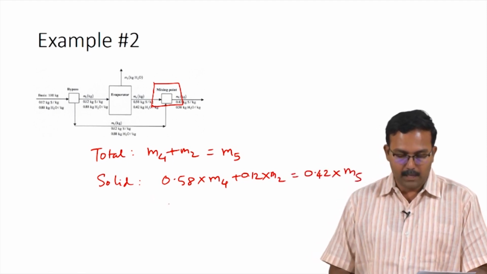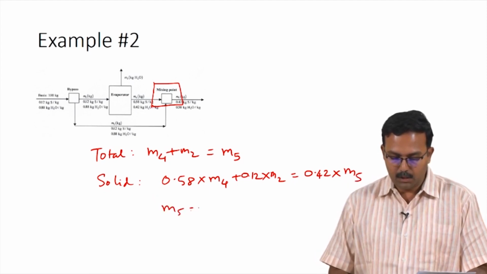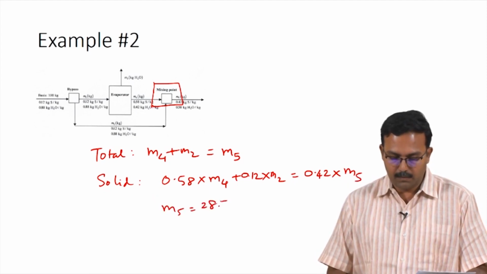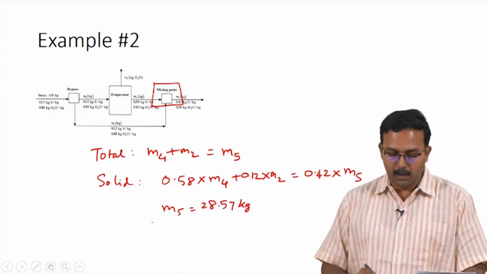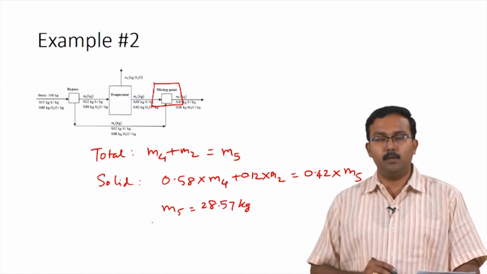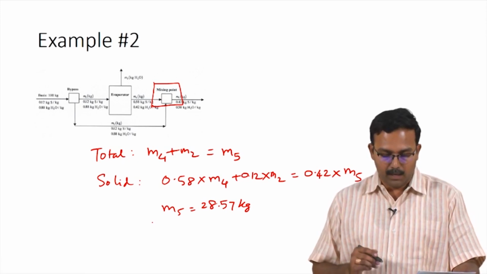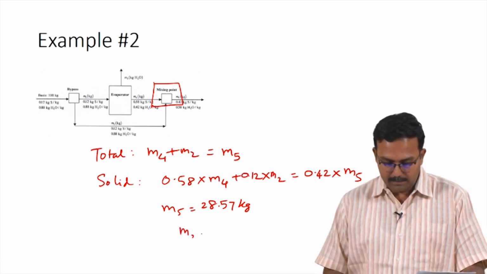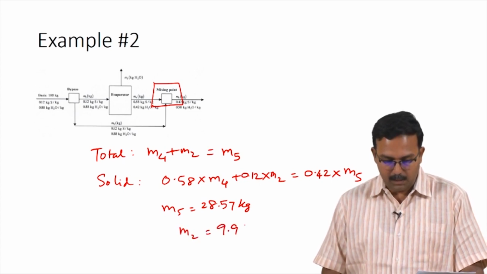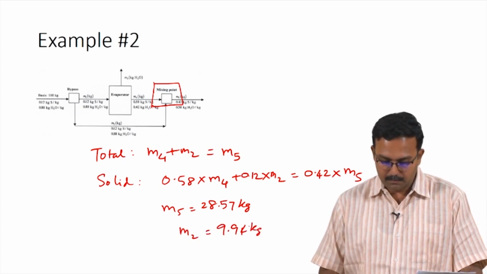We already know that m5 is 28.57 kilograms. So, substituting the value for m5, we have two equations and two unknowns. We can solve for m4 and m2, and we would get m2 as 9.94 kilograms.